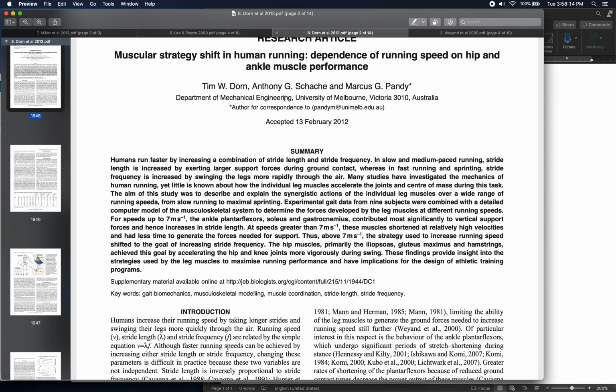That suggests that they could benefit from focusing on their plantar flexors here, from some strength training and power training of the plantar flexors and getting them to top out their contribution to vertical support and to stride length at a faster speed, something more in the ballpark of 7 meters per second rather than 5 or 6 meters per second. So possibly using this data here to identify what at the muscle level or the muscle group level at least might be limiting someone in terms of their sprinting speed and what could be the sources there and what could be done about it.